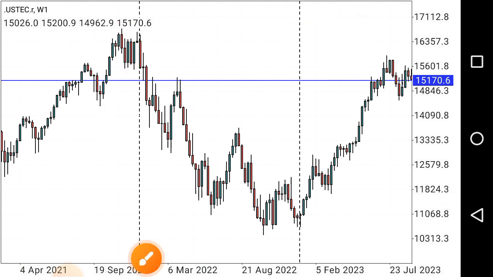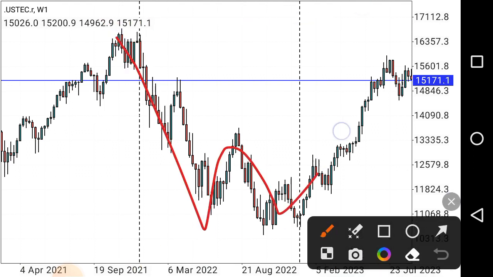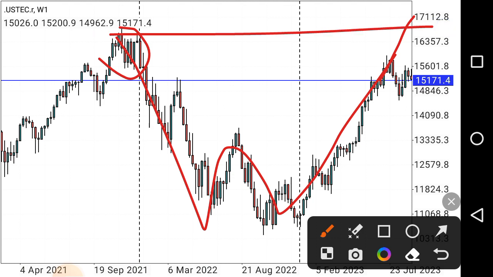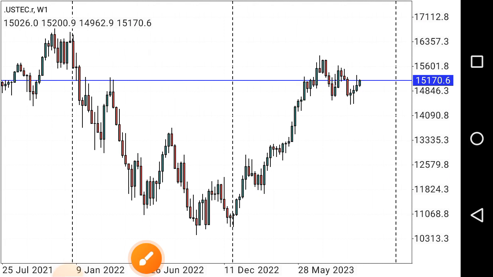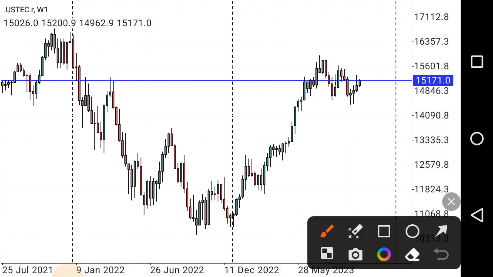Number three, remember guys, we also have this, right, W formation. It started at that level, and ideally we want to see price move further up to close more or less in line with the way it started, right? That's why for the most part I'm saying that we should be looking for potential buy opportunities, as it's quite likely that we're going to see price actually reach that level, right?